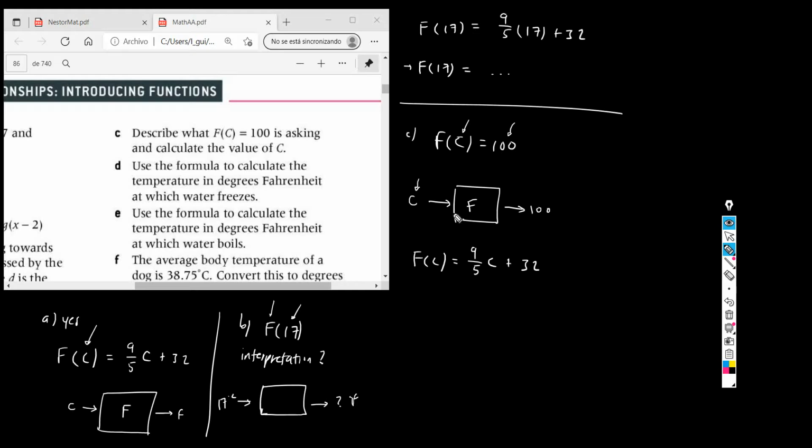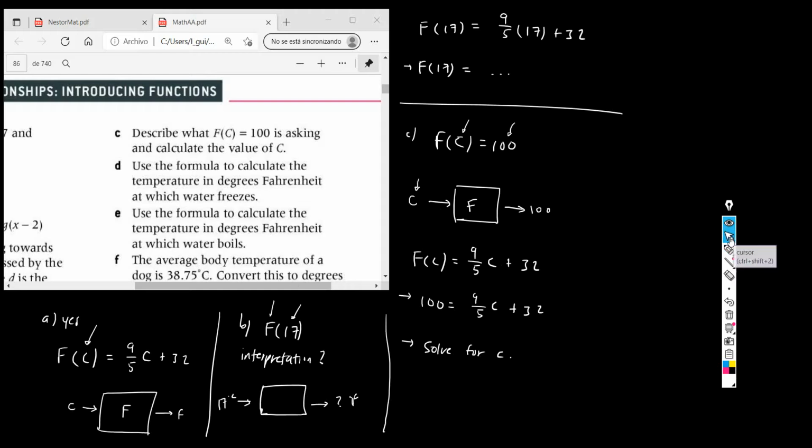F of c is equal to 100, right? As you can see, this is an equation with only c as a variable, and you need to solve for c, period. I'm not gonna do it for you. This is basic algebra, and I'm not gonna be doing these things for you.